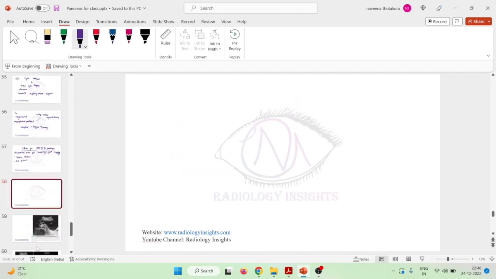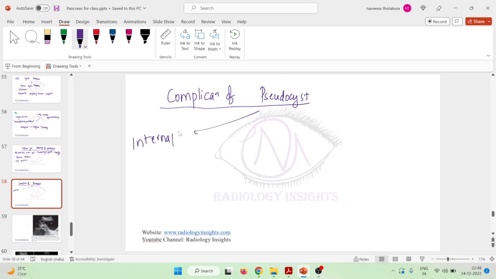Now, what are the complications of pseudocyst? Sometimes from the pseudocyst there might be formation of fistulas. Either internal fistulas or external fistulas might develop from the pseudocyst.